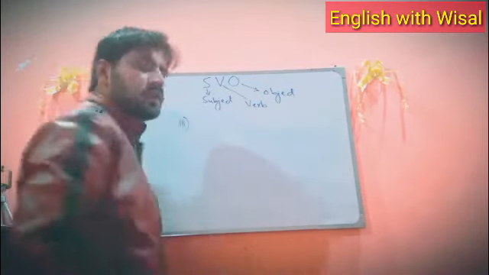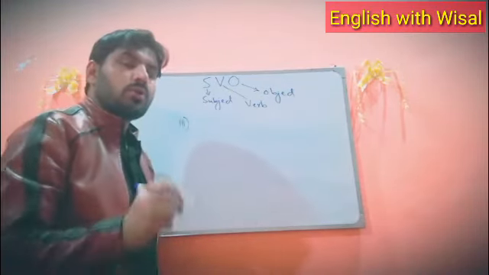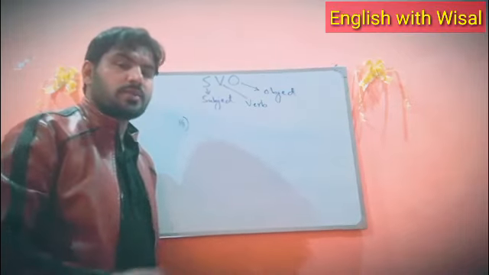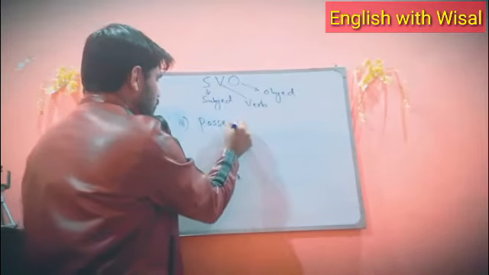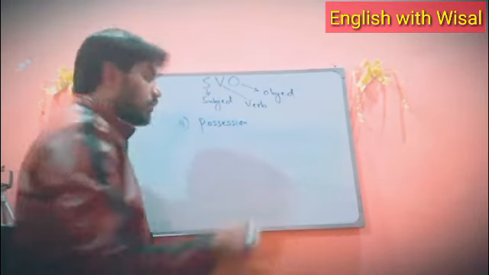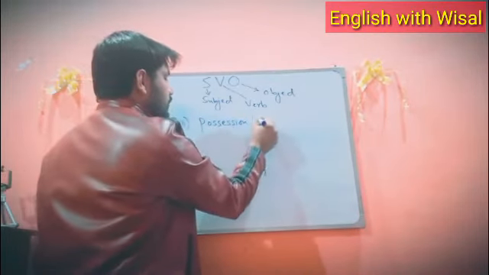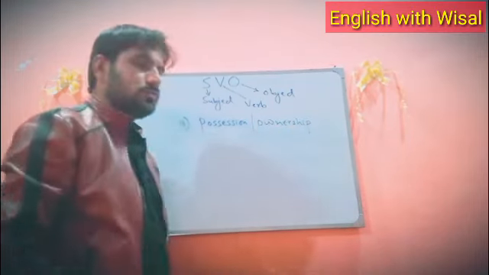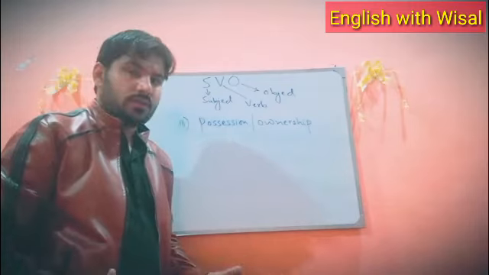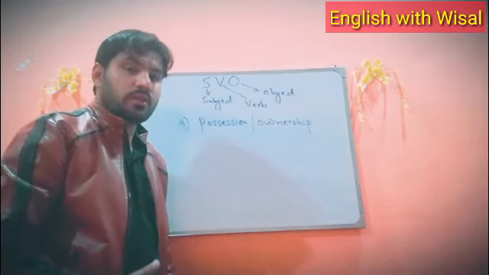The third point is that verb is a word which describes possession, or we say ownership. When we possess something, when we own something. So let's see.